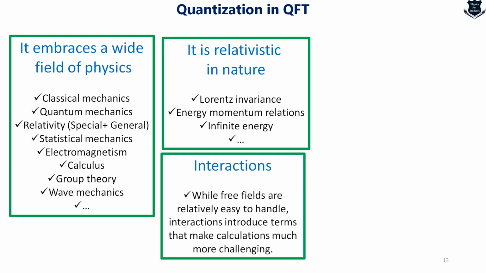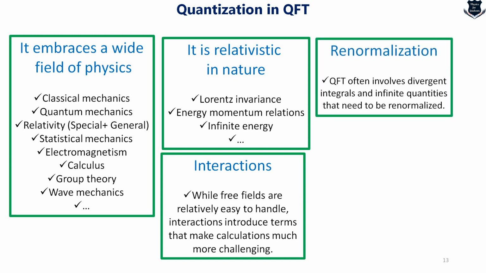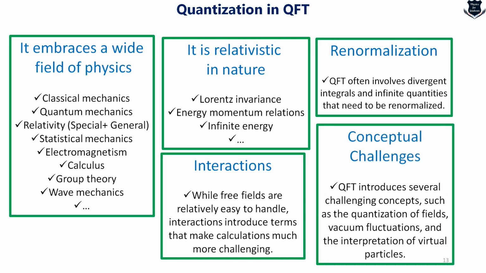The interactions are not between particles but free fields, so you have to include a lot of calculations. There are often renormalizations, which means working with divergent integrals, and there is the conceptual challenge. It is difficult to visualize because we are no longer dealing with small balls of particles, but with fields or the fluctuations in the field.